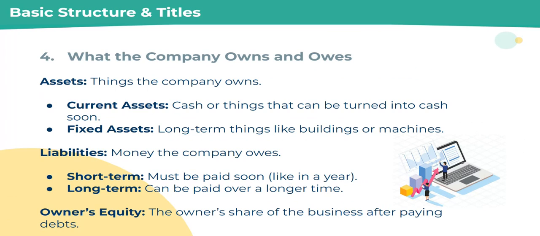This is cash or things that can be turned into cash soon. Current assets, sometimes called liquid assets. Then we also have fixed assets. Long-term things like buildings or machines. These are assets that we can't readily liquidate into a current asset.